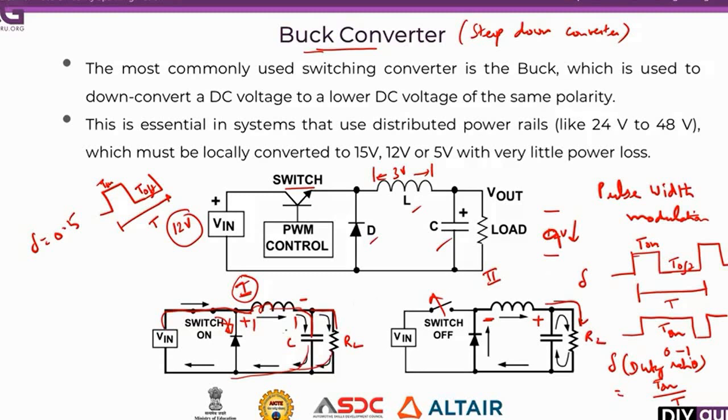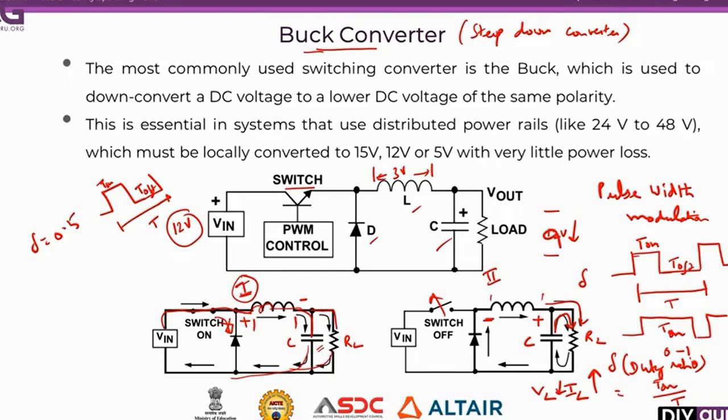Also, during the on time of the switch this capacitor got charged, so this capacitor will also contribute to the load current. So there is an increase in the load current, but because of this voltage drop across the inductor, there is a decrease in the load voltage.